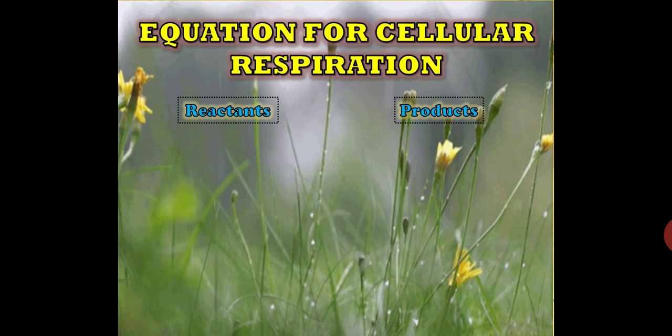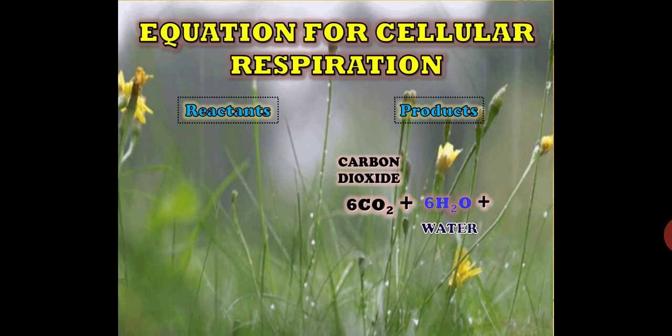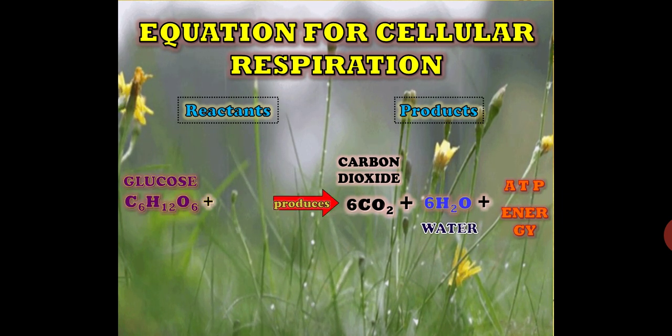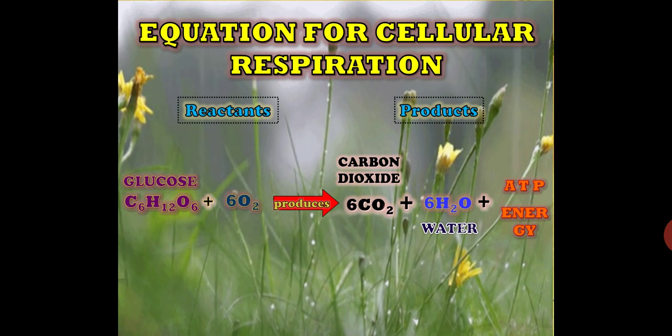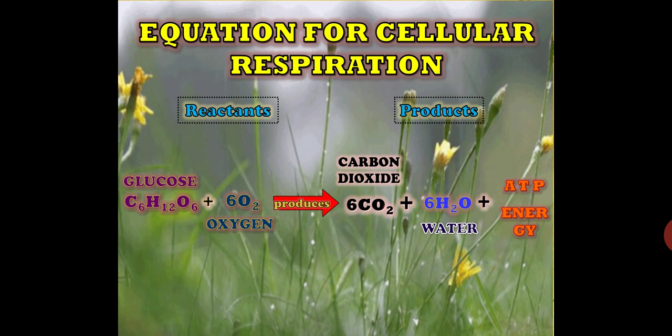Okay, so ano ba yung mga available dito? Actually, yun din yung mga nandoon, but reversed process na. So, glucose added with oxygen produces carbon dioxide and water, and also produces energy from ATP. Okay, so glucose and oxygen are converted to form carbon dioxide and water, and also give off energy.